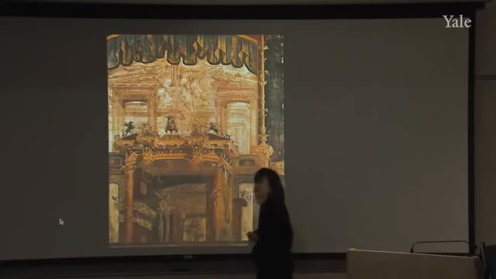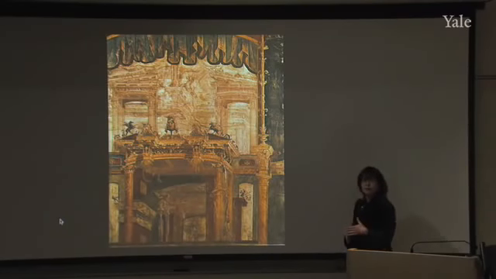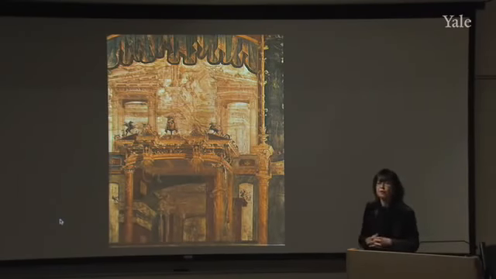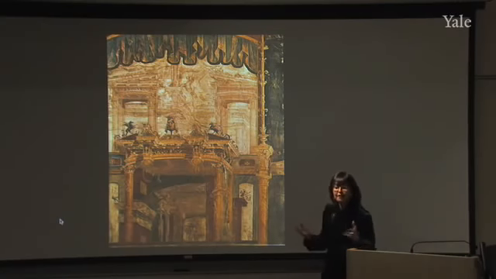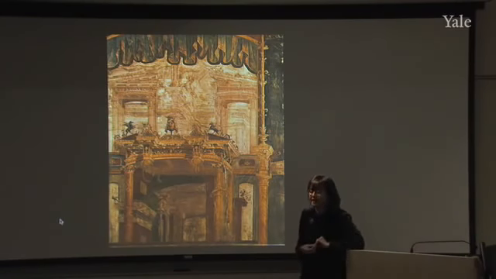But is there one-point perspective here? Or is there any attempt to depict one-point perspective? Or is it some other kind of perspective? And if so, what kind of perspective? No one knows? Isn't it two-point perspective?